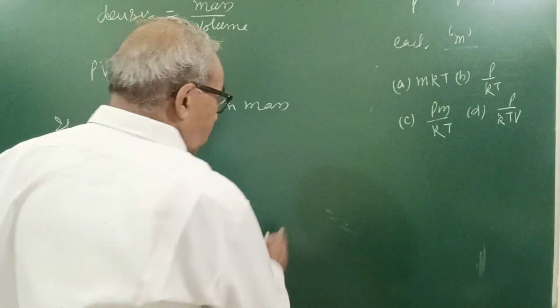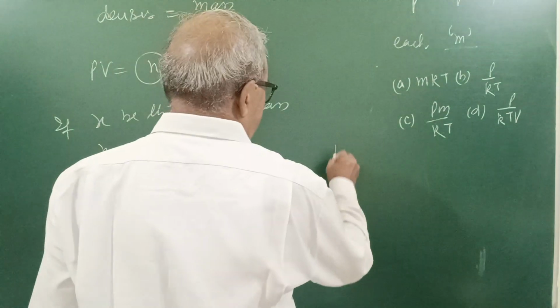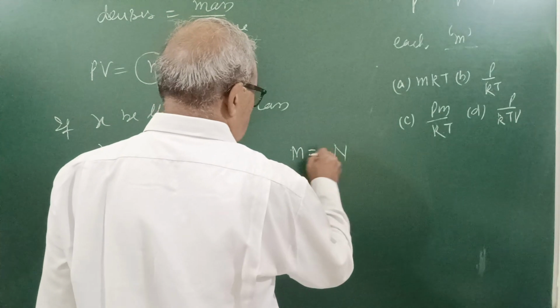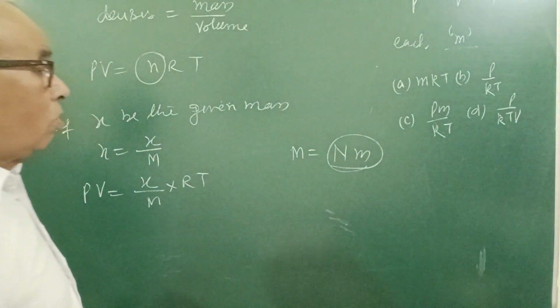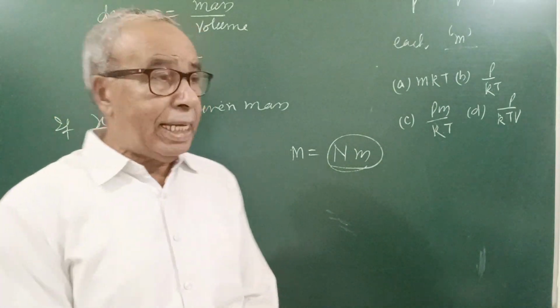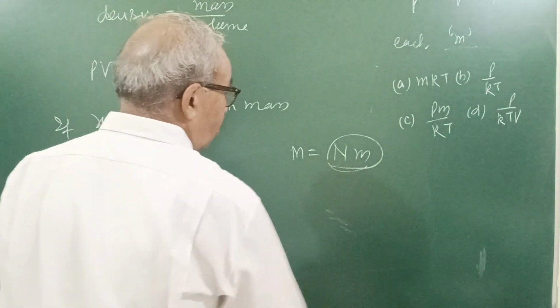Capital M is the molecular mass. 1 gram molecular mass has N number of molecules, so capital M is equal to N into small m. 1 gram molecular mass of every gas has Avogadro number of molecules.